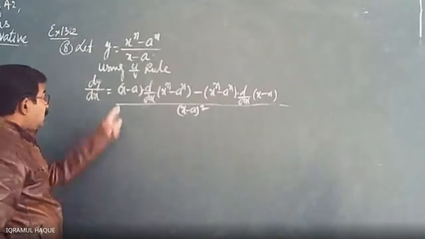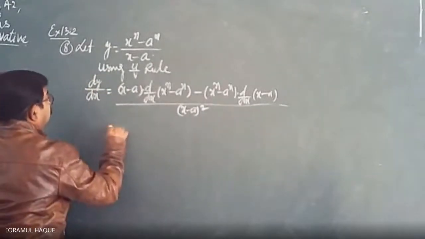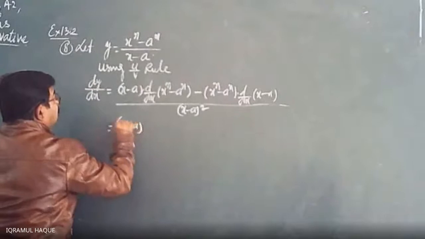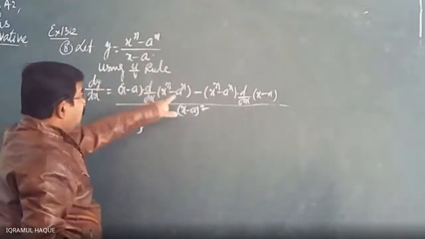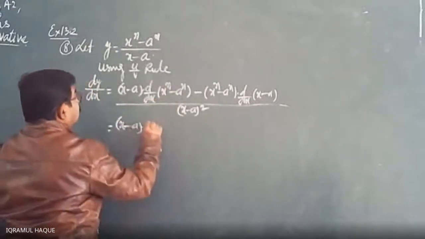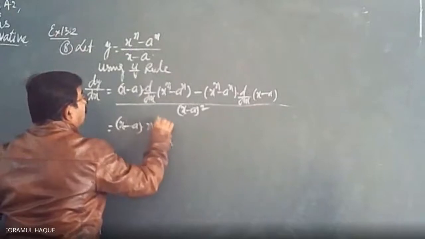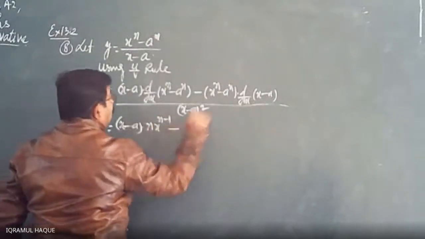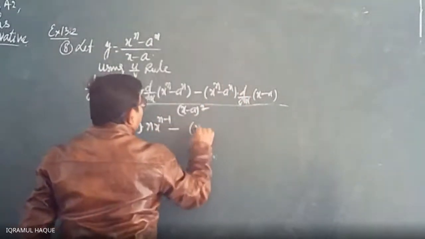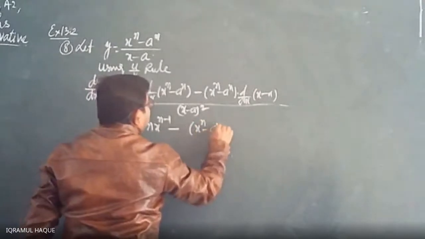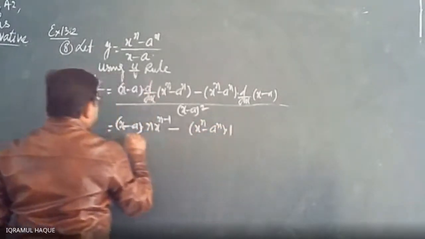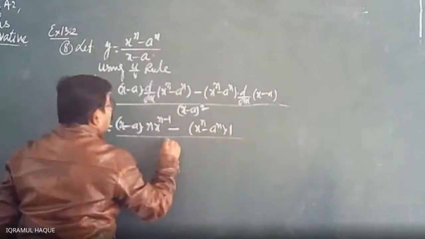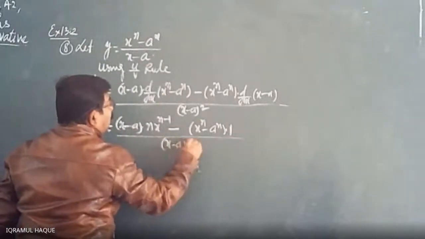So this x minus a remains same, and here it becomes 0, and this is n x to the power n minus 1, minus (x to the power n minus a to the power n) into 1, upon (x minus a) whole square.